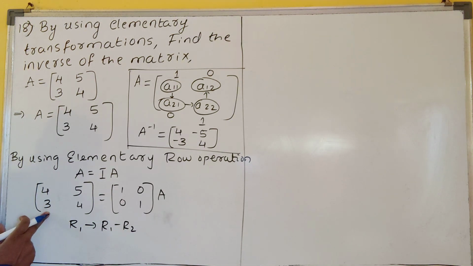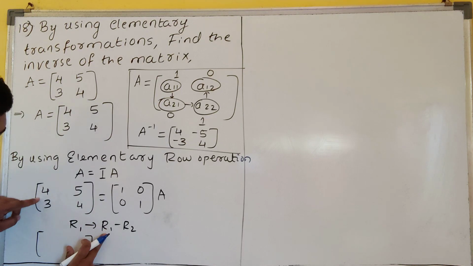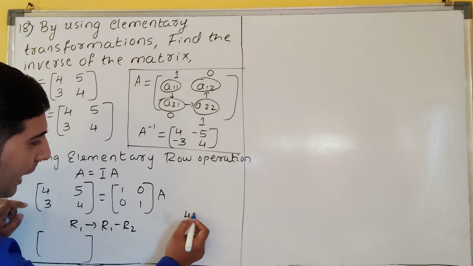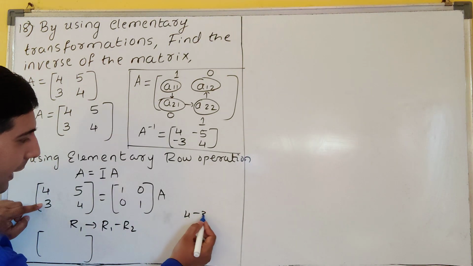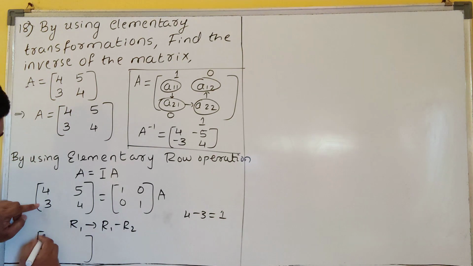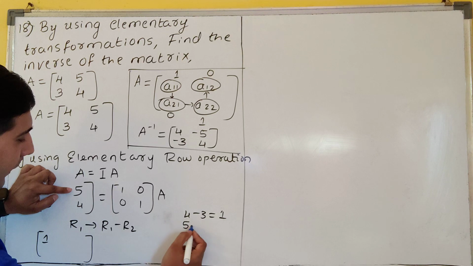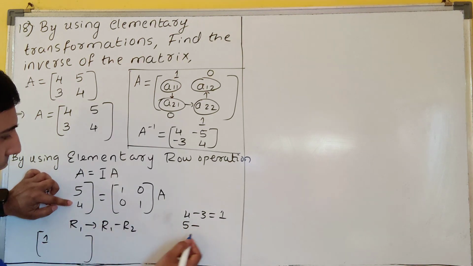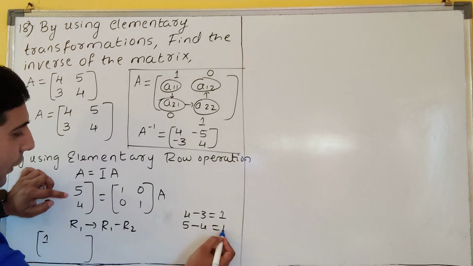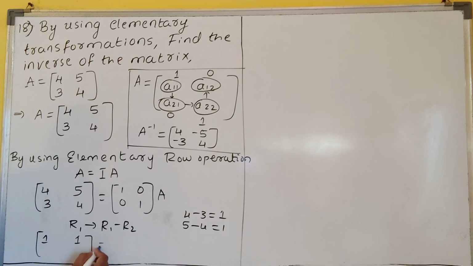R1 is 4, R2 is 3. 4 minus 3 is 1, dear student. I will write here. 4 minus 3 is 1. Then 5 minus 4 is 1, again 1 only we are getting.